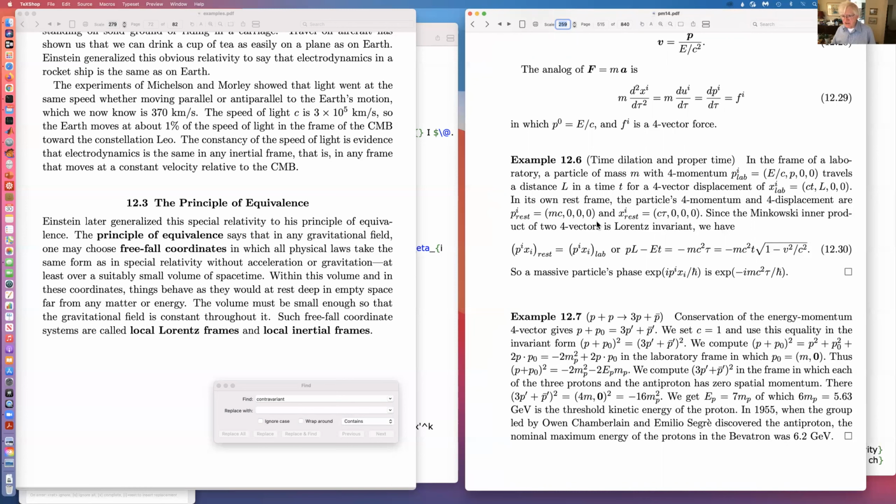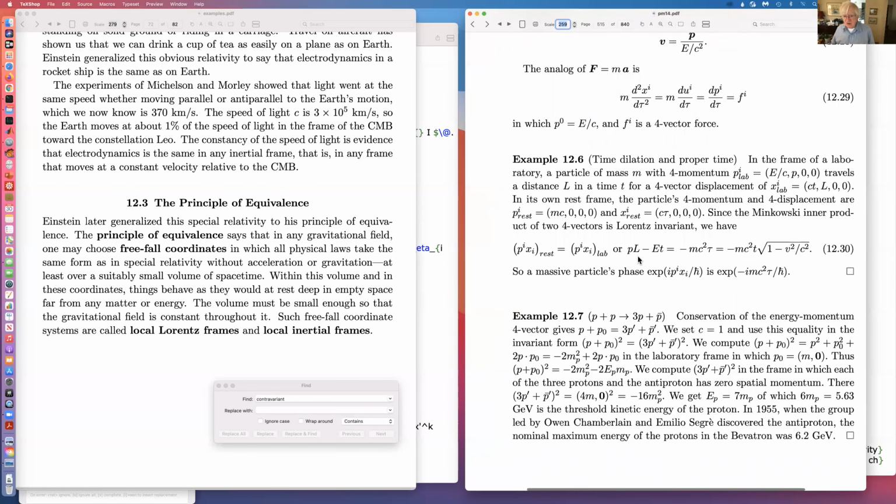Since the Minkowski inner product of two four vectors is invariant, this in the rest frame is this in the lab. So the rest frame looks this way, and that's equal to minus m c squared tau, and tau is t times this thing.